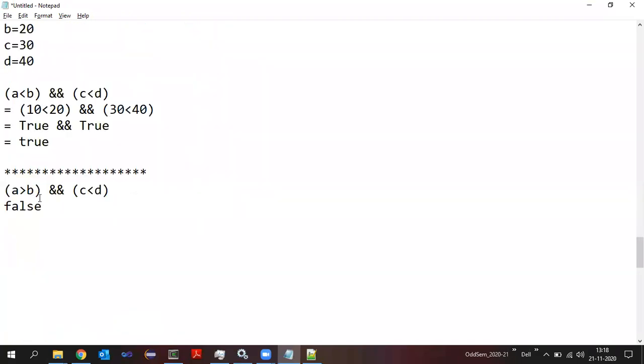If you just look here, first one is false and second one is true. But what should I expect the result to be? First is false, second is true. As per the logical AND, the result will be false. Why false? Because any one is false here, that means AND will give a false value. Understood, student, this one?